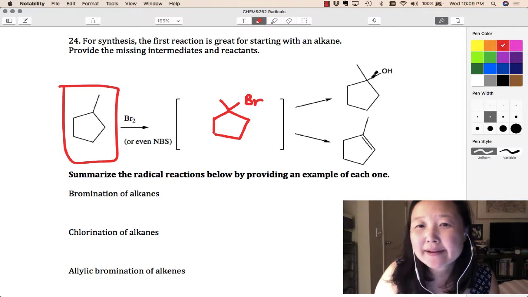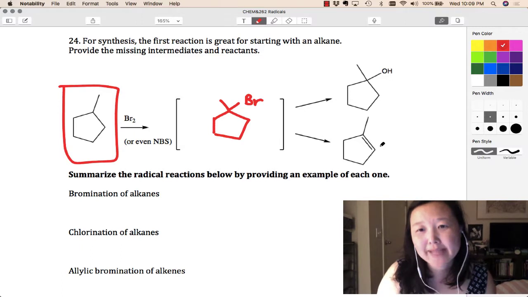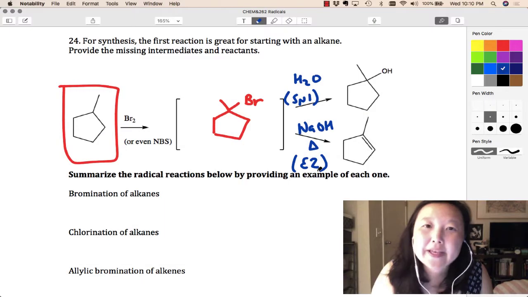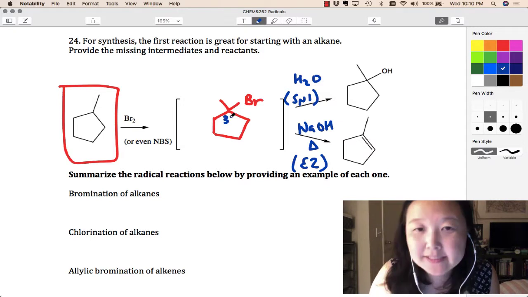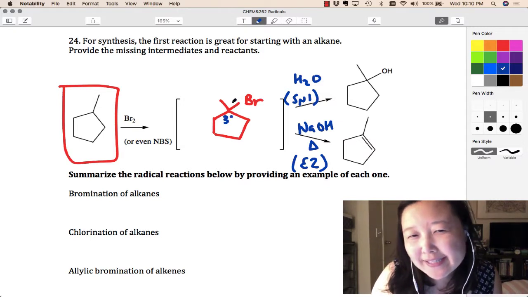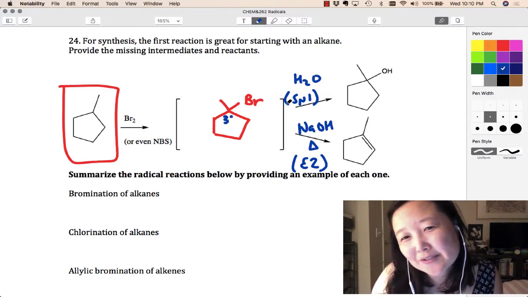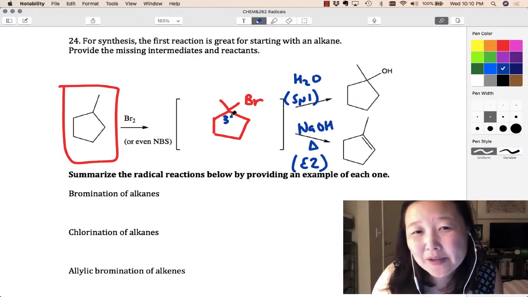But then from here, how do you get these products? One's a substitution and one's an elimination. See if you can figure out what reagents you need to convert it either way. Okay, so in the first case, I've got a tertiary, so I can't really do SN2. If I use hydroxide, it's not going to do SN2, it's actually going to do E2. So I want to use a strong base to do E2.